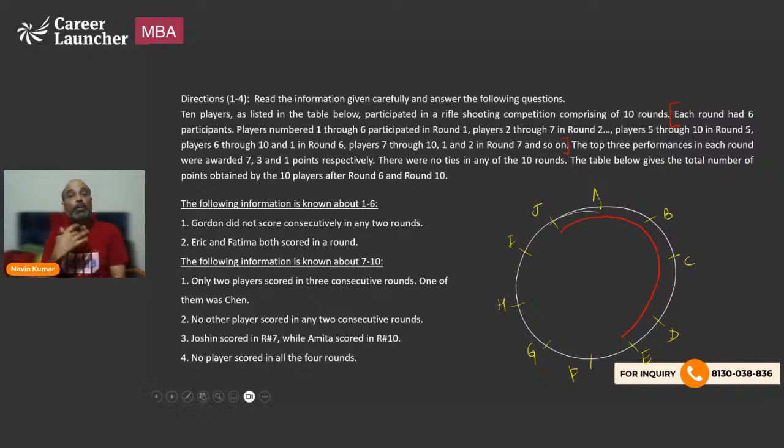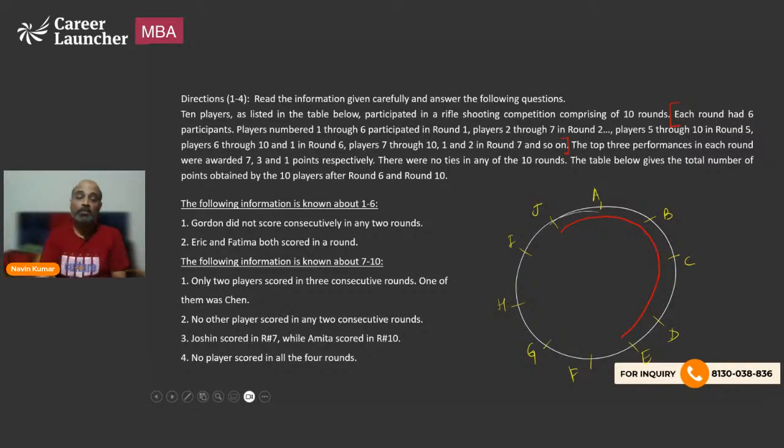Now, how are we going to represent this? What should we do? How should we represent it? Should we write down the names, that in round 1, we have got A, B, C, D, E, F, then B, C, D, E, F, G? Should we do that? Should we draw a matrix and write down all the players and only use those cells where they are going to play?